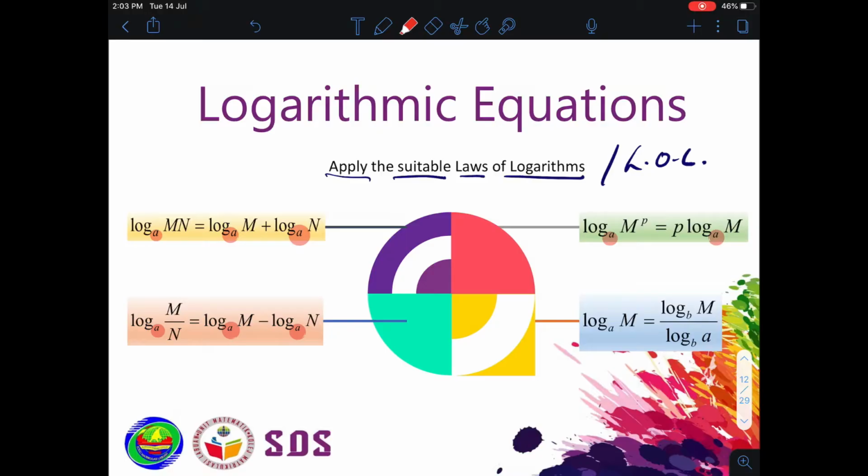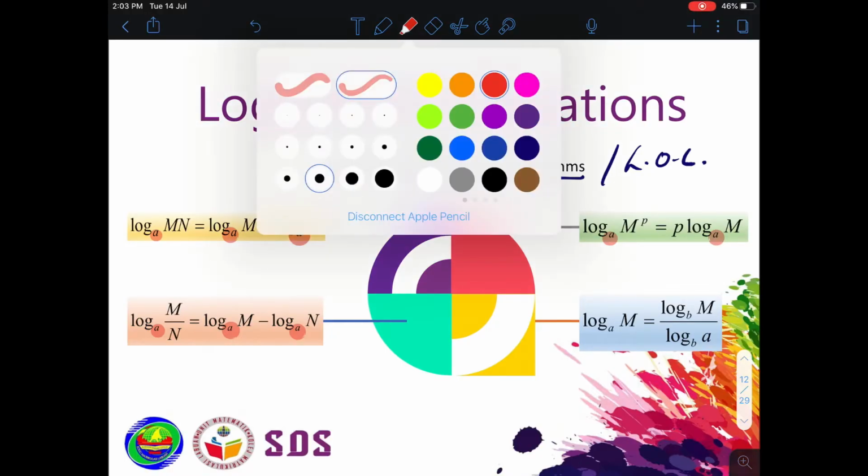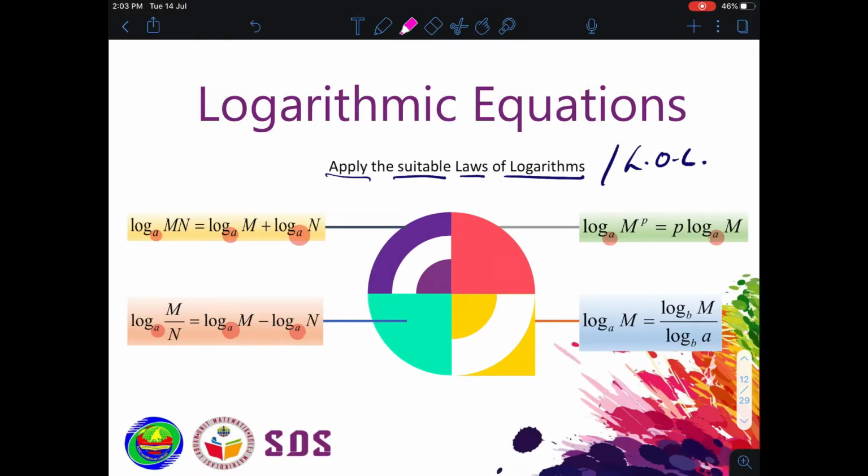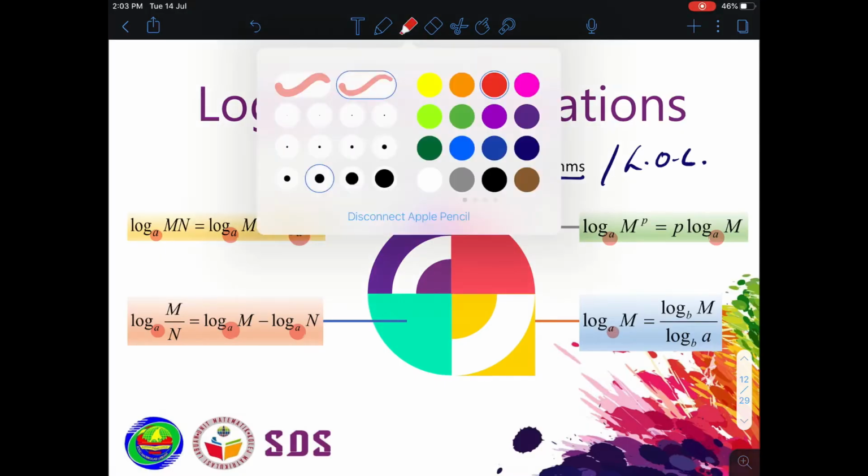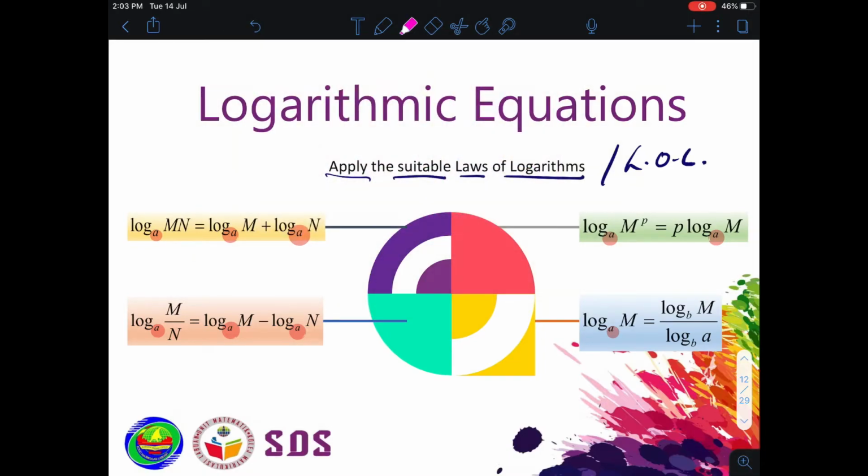Unfortunately, the fourth formula does have the base a as a starter, but then it has been changed. This is the formula that you need to be careful with, and we call this the change of base. So be careful over here.